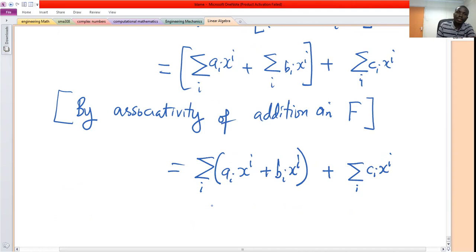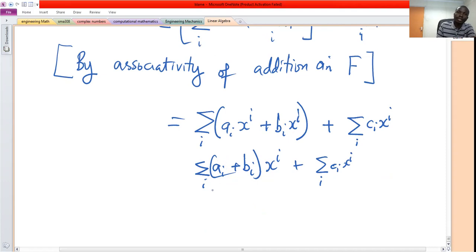So this is the same as summation of ai plus bi, xi, plus summation ci xi.